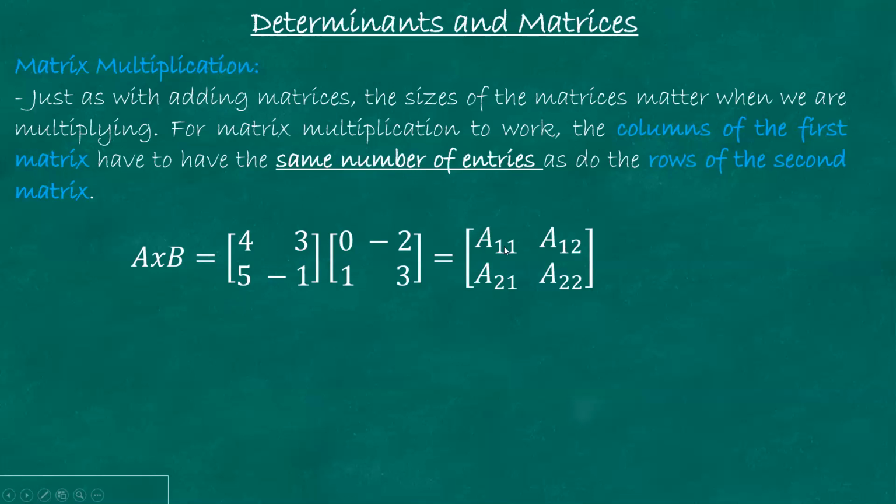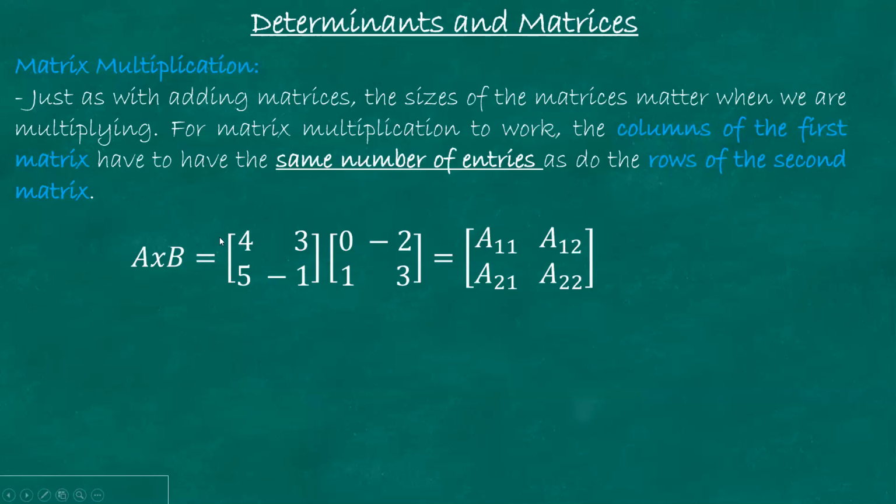The subscripts mean: first row, first column; first row, second column; second row, first column; second row, second column. The value is the product of the first row of the first matrix and the first column of the second matrix.